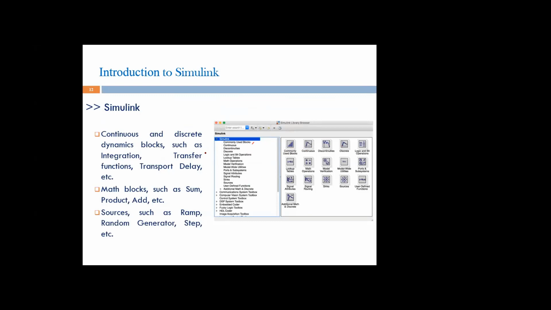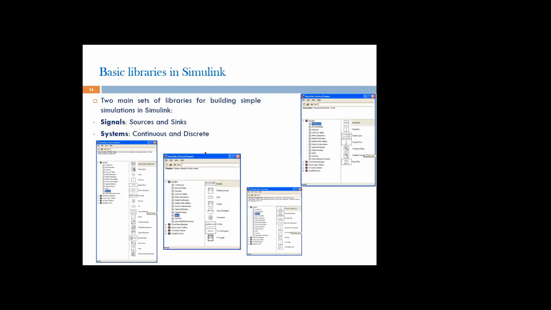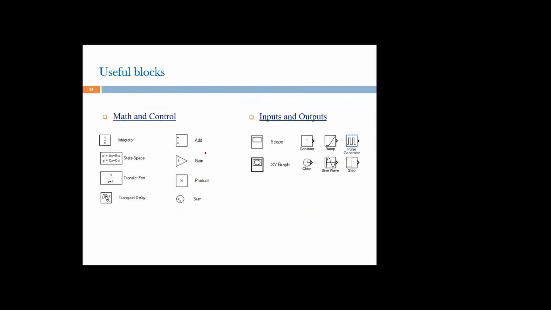All the sources are there: current source, voltage source, current measurement, voltage measurement, all sorts of sources, even some machinery, fuzzy logic, all the signals. I will show you that in the Simulink library. Even transfer functions, so many signals, sources, continuous, discrete, all these parameters are available.